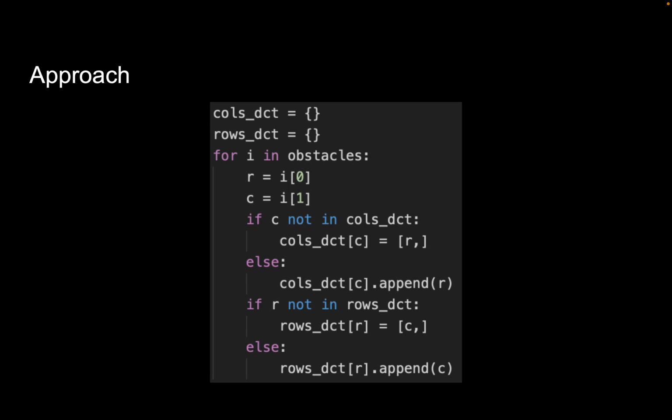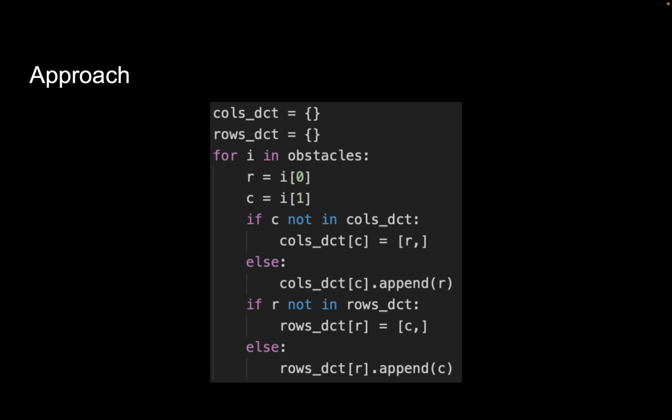Dictionaries. Here we can set up two dictionaries. One is the column dictionary, which stores the obstacles based on the y coordinates, and we also have the row dictionary, which stores obstacles with the key as the x coordinates. For every obstacle that we have, we set r equals i[0] and c equals i[1], and then we perform a simple dictionary update.